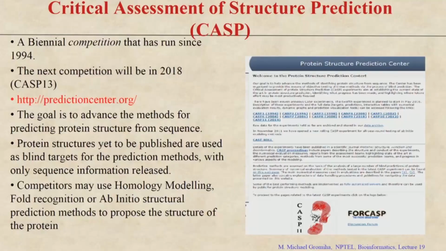Now, there is a competition called CASP, the Critical Assessment of Structure Prediction. They conduct it once in two years. What they do is get the experimental structures from crystallographers or from NMR spectroscopy. Before publishing in the PDB, they keep the structures and give the sequences open to competition.